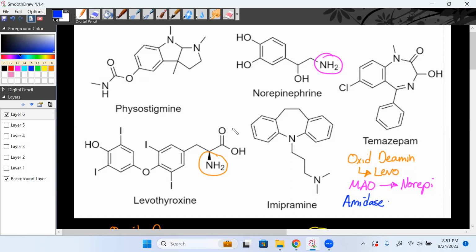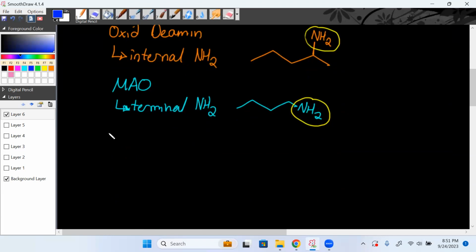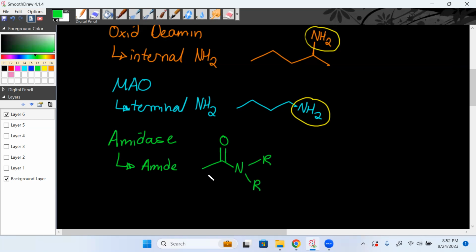So for amidase, what we are looking for is any kind of amide. An amide is where we have that nice carbon double bonded to an O and then a nitrogen. Usually this nitrogen will be bonded to something else, but it by itself is totally valid.